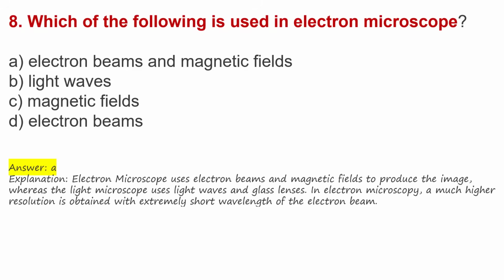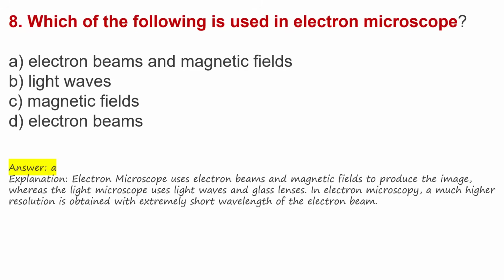So the electron microscope uses both electron beams and magnetic field to produce the image, whereas the light microscope uses light waves and glass lenses. In the electron microscope, a much higher resolution is obtained with the extremely short wavelength of the electron beam.